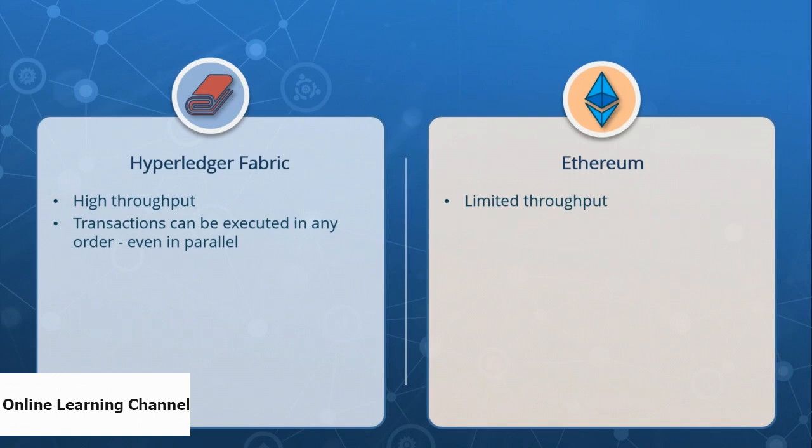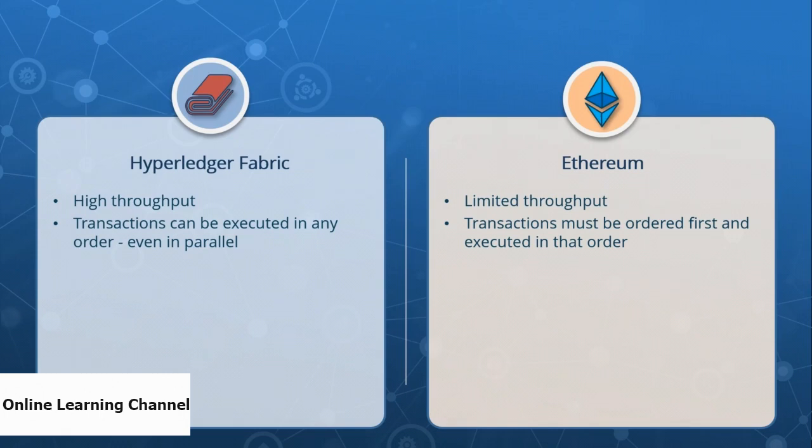This is because the ordering of the transactions occurs after the execution step. This is not the case with Ethereum, where the transactions are first ordered and then executed in exactly that order. This prevents the parallel processing of transactions and thus limits the overall throughput of Ethereum.